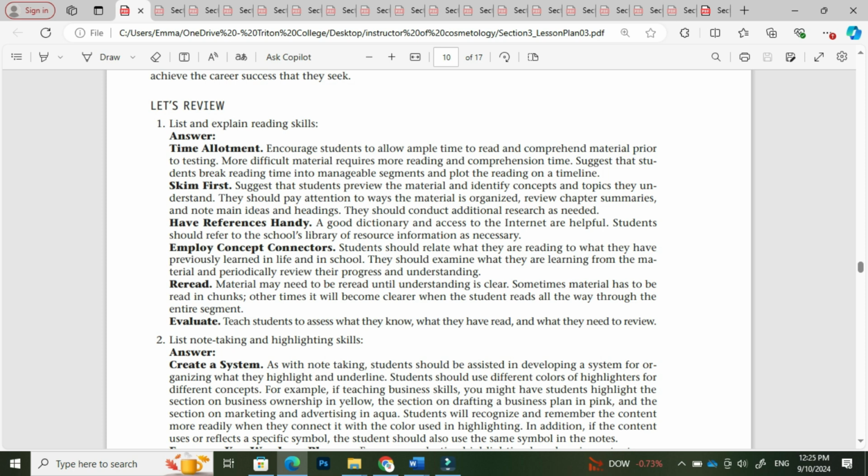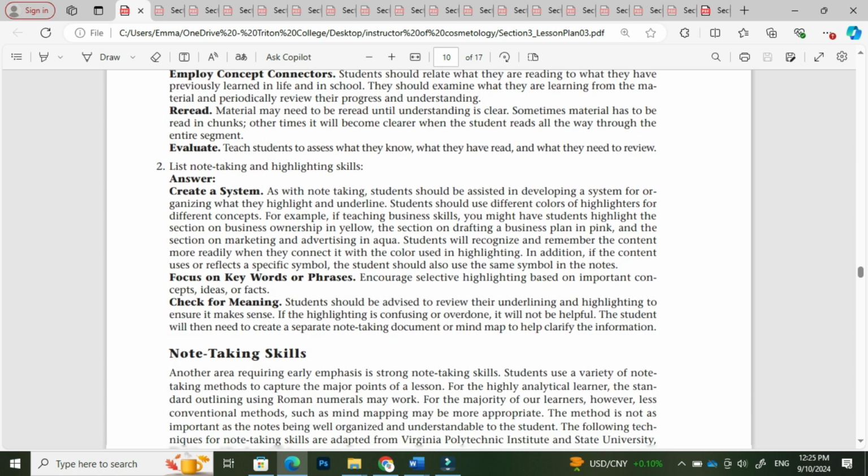Material may need to be reread until understanding is clear. Sometimes material has to be read in chunks. Other times it will become clearer when the student reads all the way through the entire segment. Evaluate. Teach students to assess what they know, what they have read, and what they need to review.